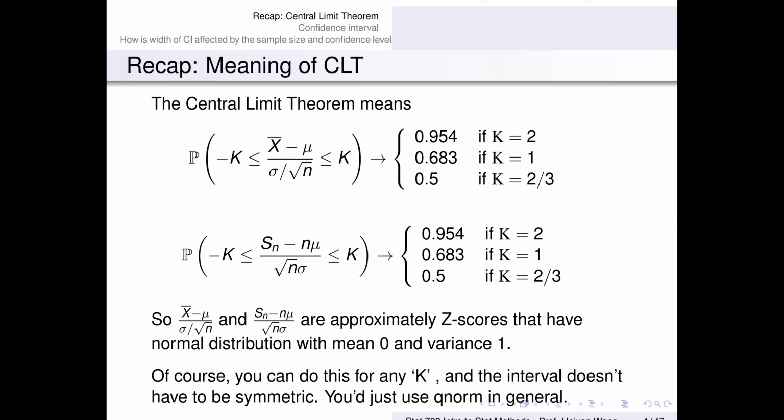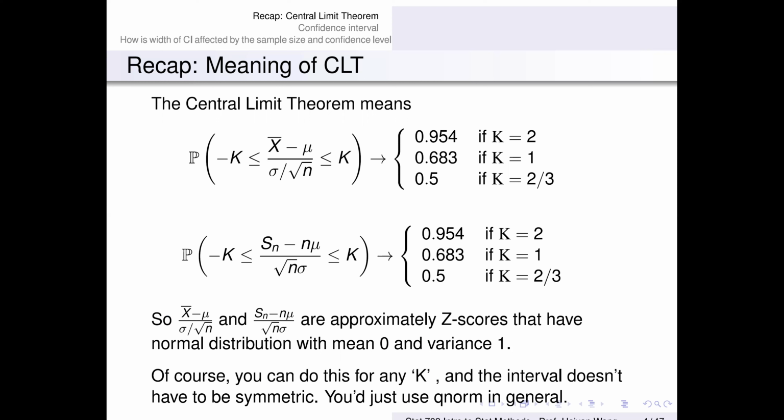The central limit theorem basically says that if we consider x bar, how far is it from the population mean, then we can use this probability to quantify that. X bar minus mu divided by sigma over square root of n, this ratio tells us how many standard deviations away from the mean.